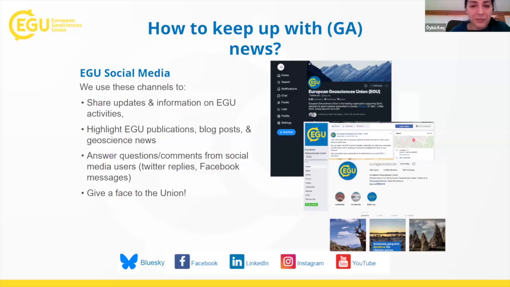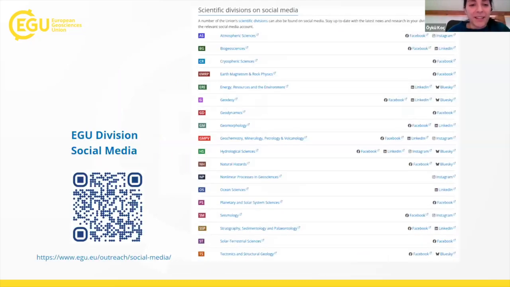So feel free to follow EGU on Bluesky, Facebook, LinkedIn, Instagram, or on YouTube. As I said, each division has a social media account. On the EGU website, you can find the relevant division and which social media accounts they have. You can easily access this through this QR code as well.